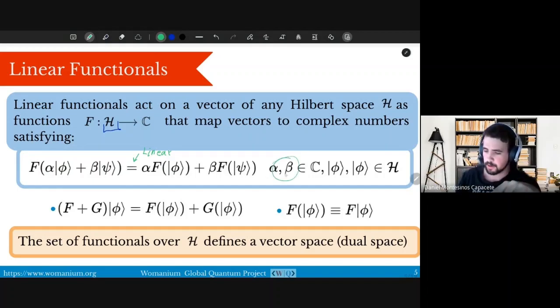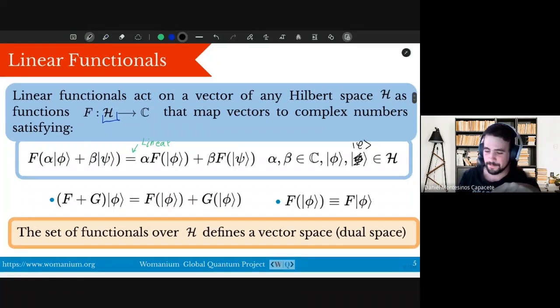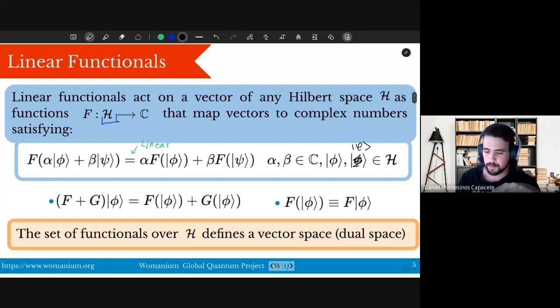So these are complex numbers in general, and these are vectors, right? I mean, in here that should be the other one. Sorry, there are some typing mistakes. Also, some properties: if you have two linear functionals acting on one vector, you can also write this.